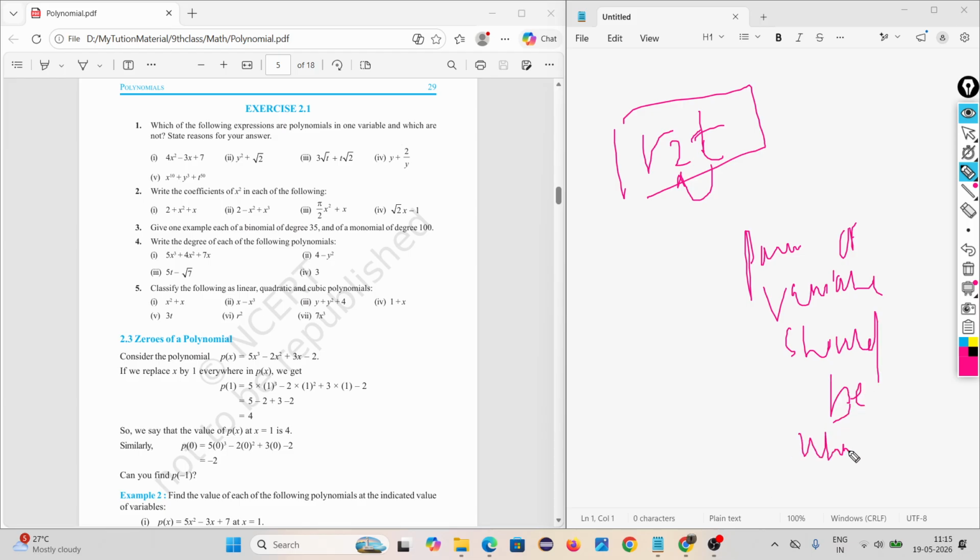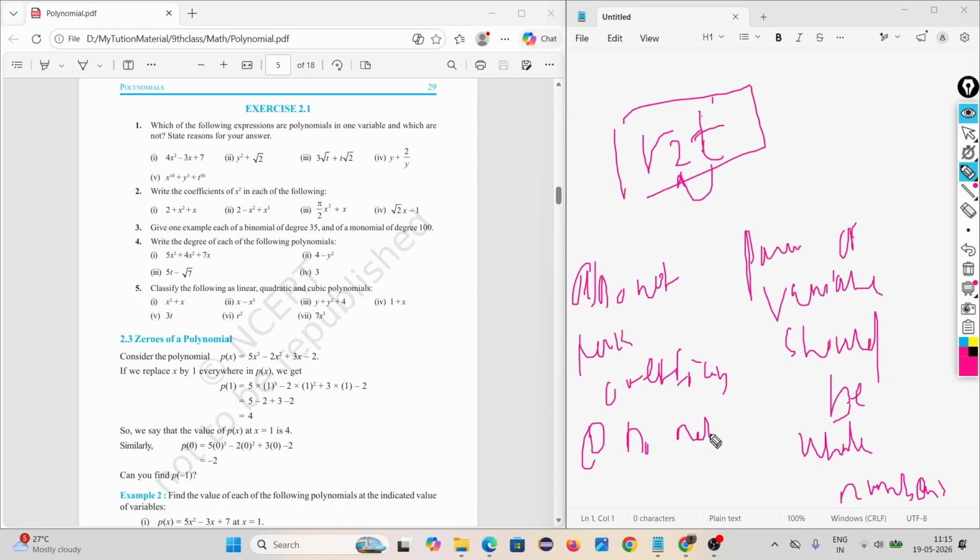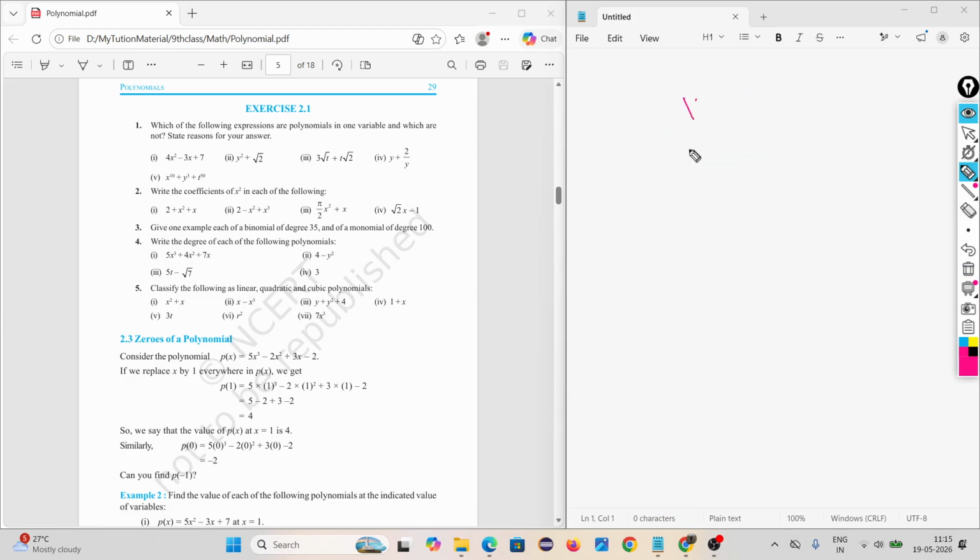Power of a variable should be a whole number. Here t's power is 1, it is a whole number, so why are you looking at the coefficient? Do not look at the coefficient, and don't look at the constant term. Next, y plus 2 upon y.